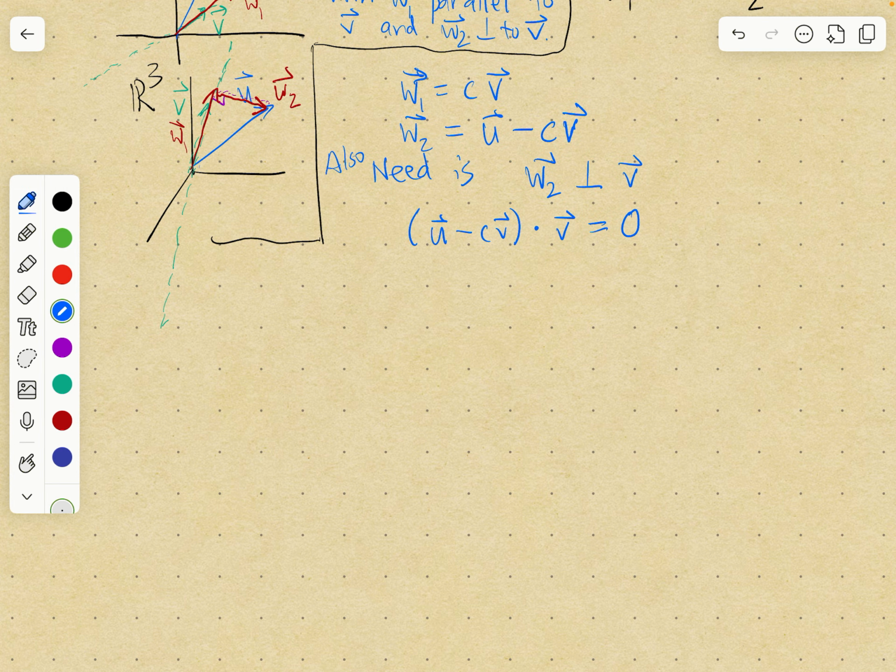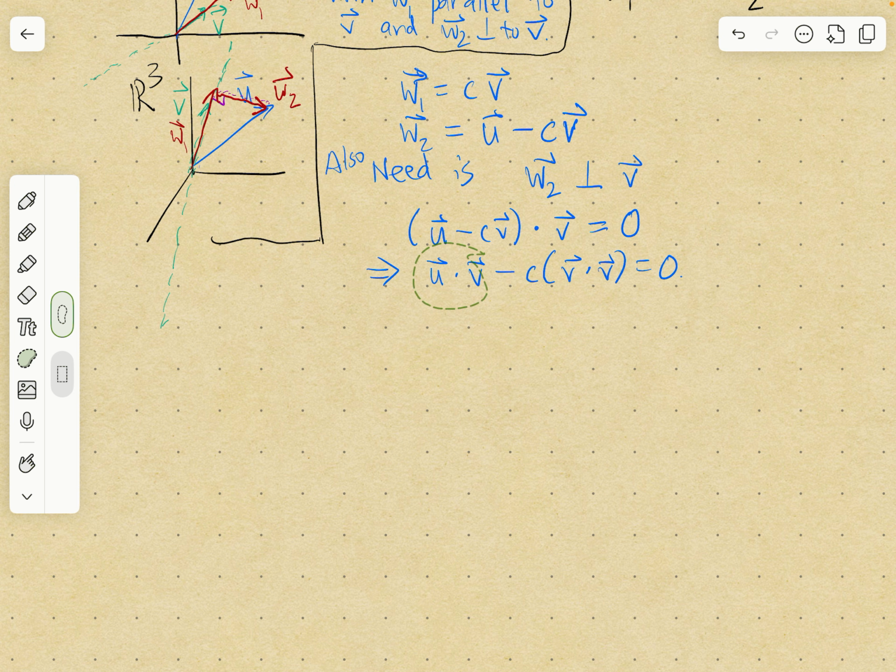And what does that tell you? Well, we can use the dot product properties that you can distribute the dot product. So this is going to tell you that u dot v minus c times v dot v is equal to 0. And just a reminder, because there's a bunch of symbols going on, u dot v is a number, c is a number, and v dot v is a number.